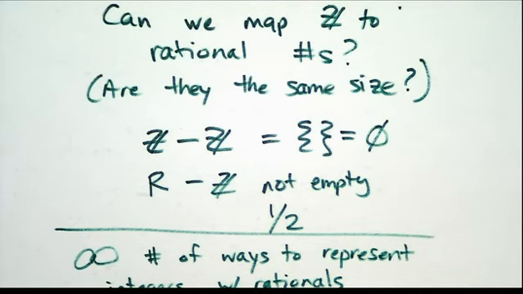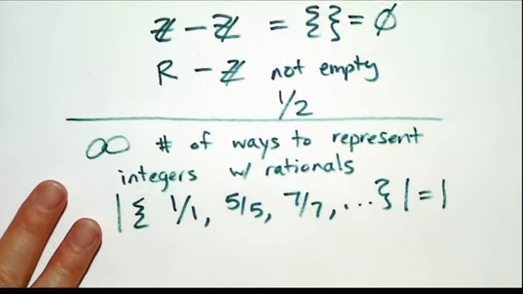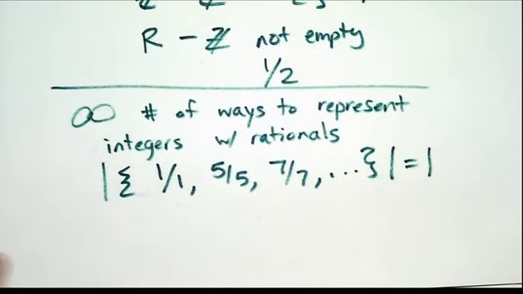So I'm glad you mentioned that because I want to clarify. No matter how I write an element of the set, it only counts once if it actually has the same base value. So even if I wrote 1 over 1 and 5 over 5 and 7 over 7 and so on, the cardinality of this set is still 1. So all of the different ways of writing 1 still only count as 1 in the set. So that argument doesn't work, but it was a good try.